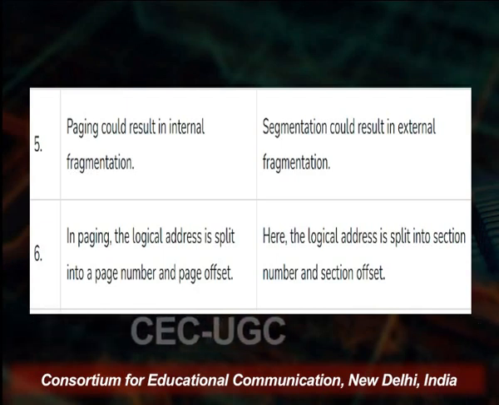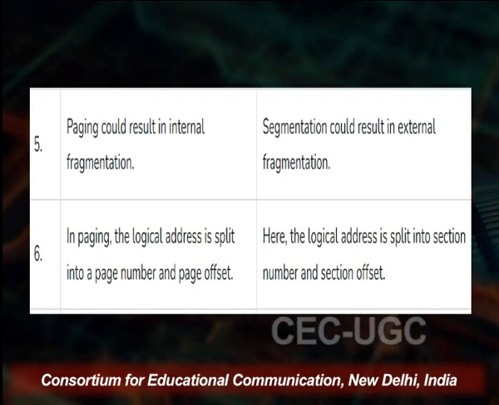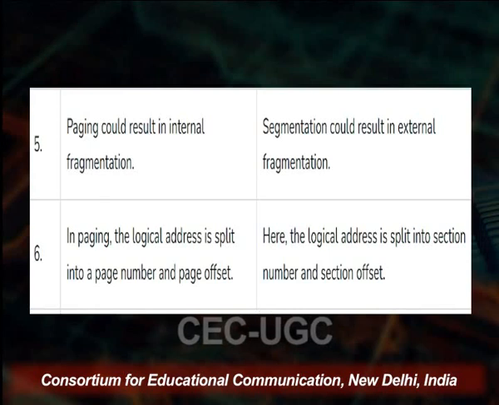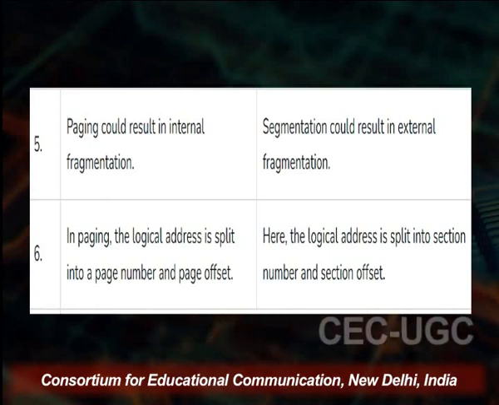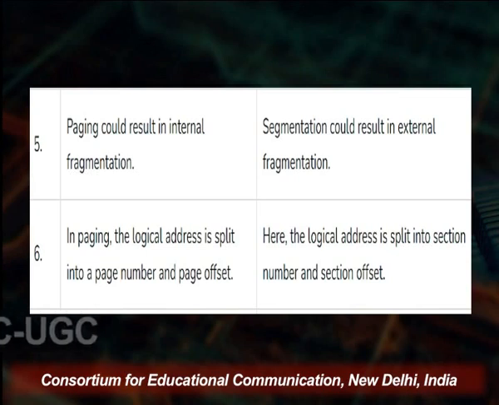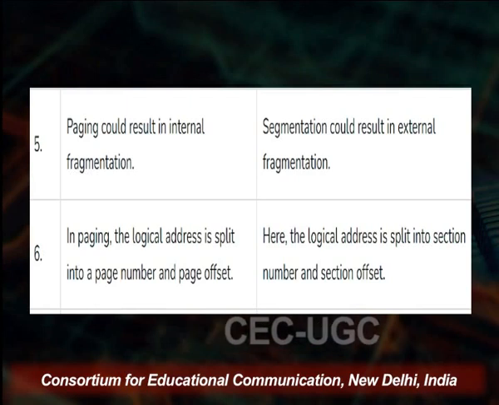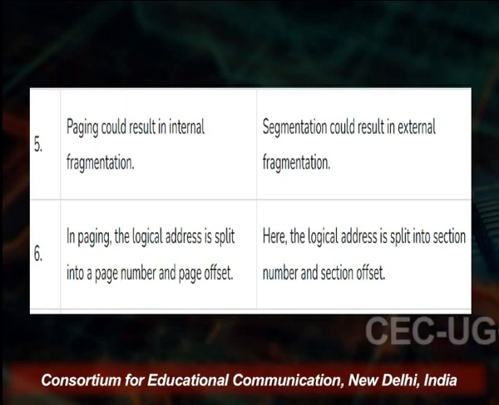So, segmentation could result in external fragmentation, while paging could result in internal fragmentation. In paging, we have seen that the logical address is split into a page number and an offset, while in segmentation the logical address is split into the section number and the section offset.